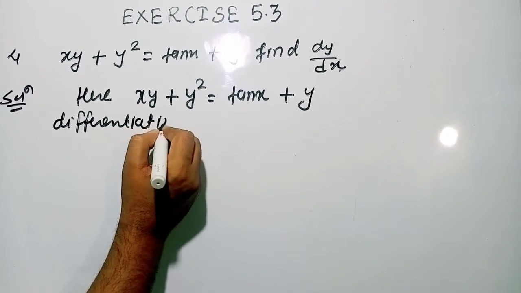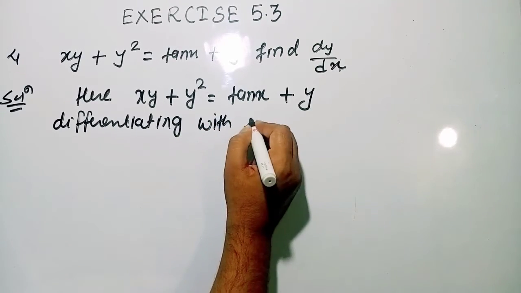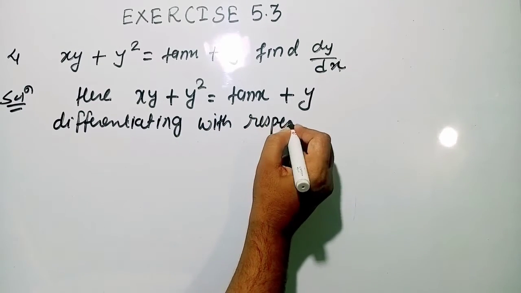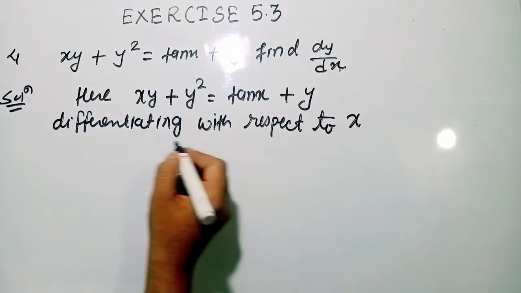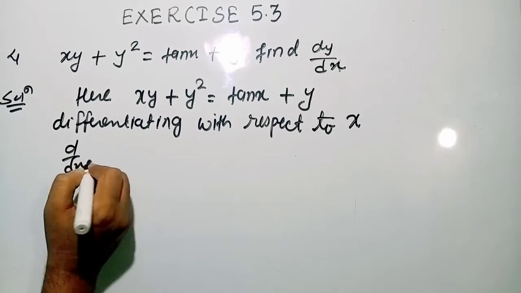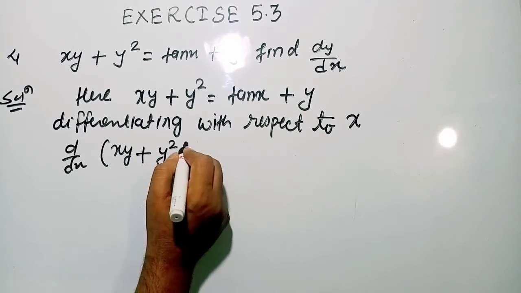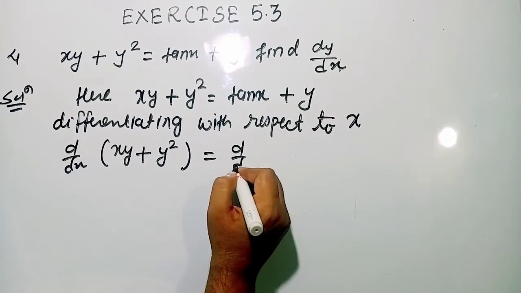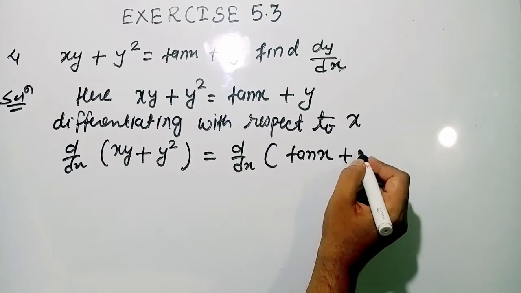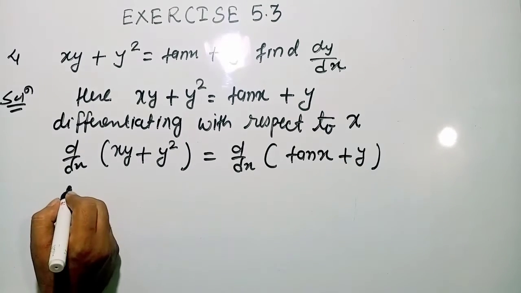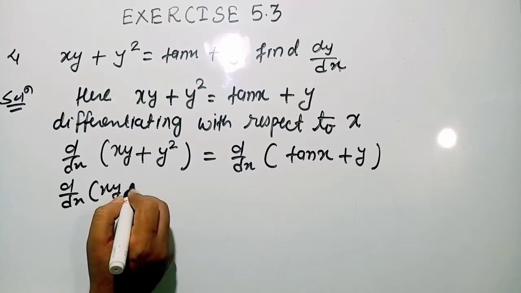So after differentiating with respect to x, d by dx of x into y plus y square is equal to d by dx of 10x plus y. So we will separate these things.